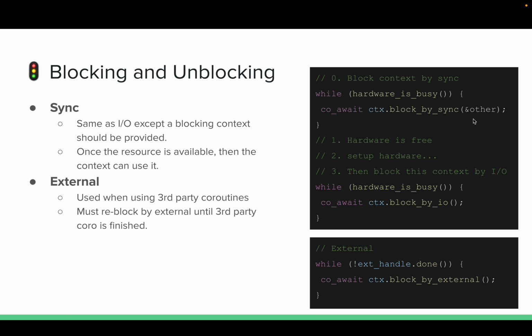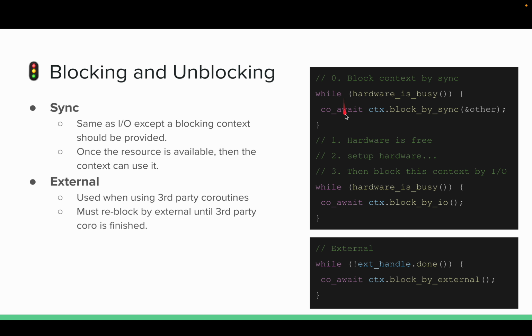And if the scheduler is sufficiently intelligent, it could create a hash map of sorts. This is a very crude way of going about this, but the simplest naive approach is to just create a hash map, where the key is the thing that's currently blocking other stuff, and the value is a list of your contexts that are waiting on that particular key to be finished. That's one basic way to go about it. But from this, you continually wait until hardware is no longer busy.